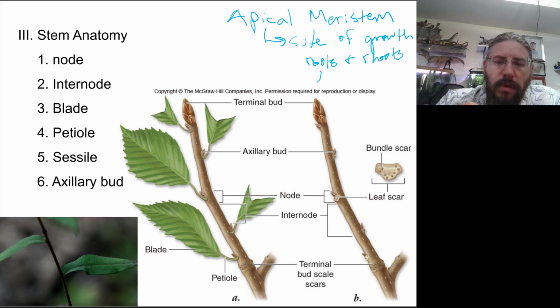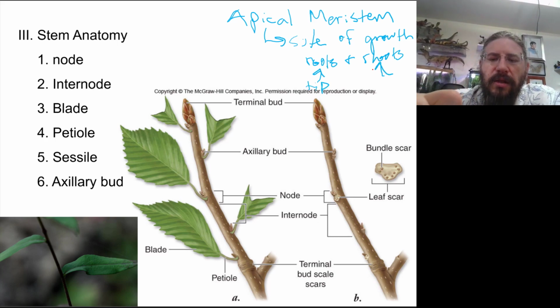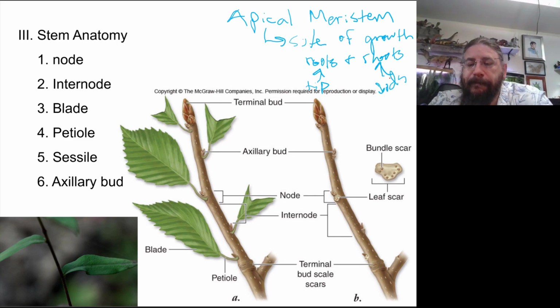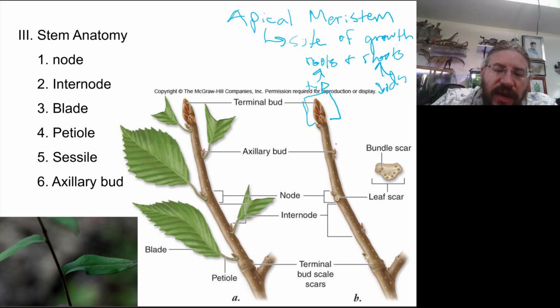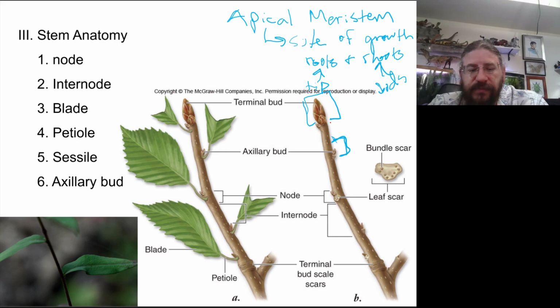So, the very tip of a root and the buds of a plant. An apical meristem can be found in multiple locations. There's obviously the terminal bud, that is an apical meristem, but there are also axillary buds, and that is an apical meristem. Axillary buds become branches.